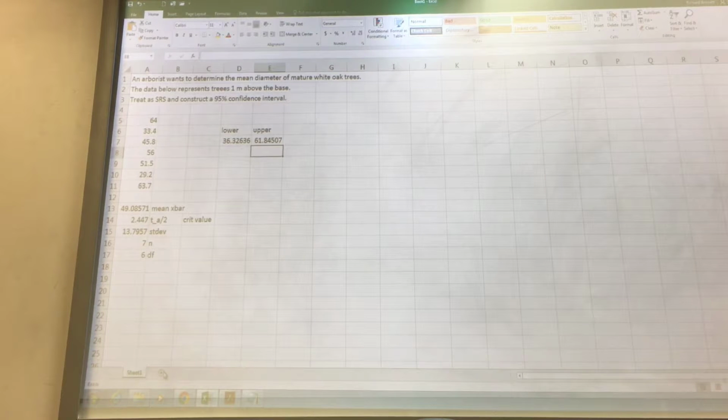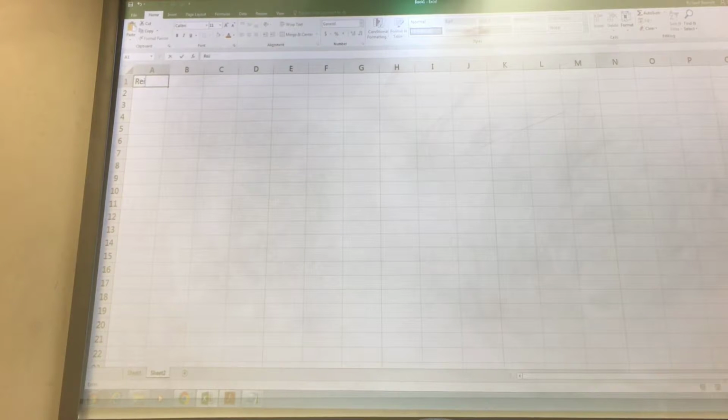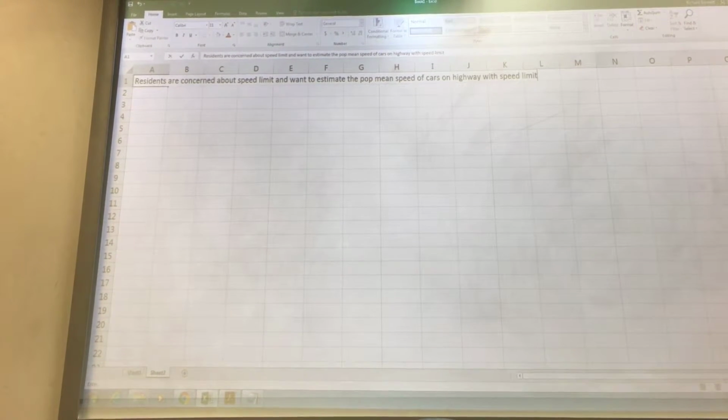Okay, here we'll do another one. Residents are concerned about speed limit. We want to estimate the population mean speed of cars on a highway with a speed limit of 45 miles per hour.